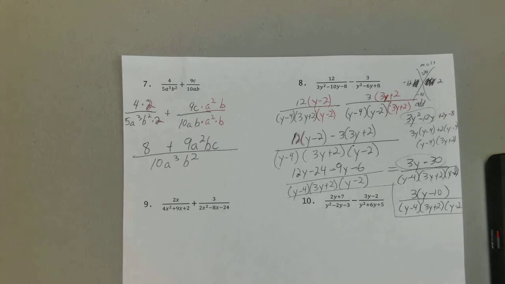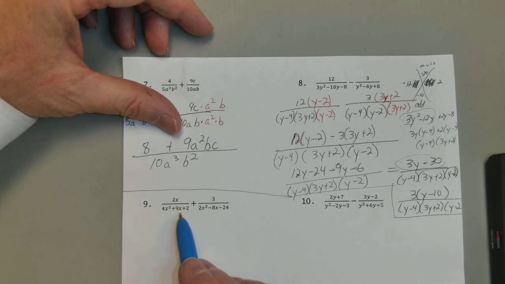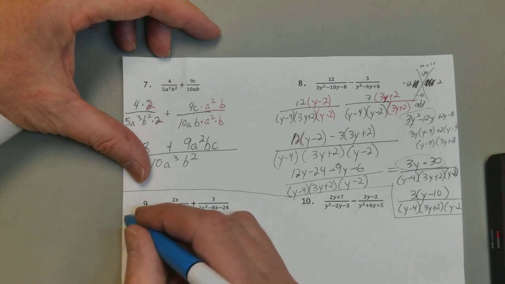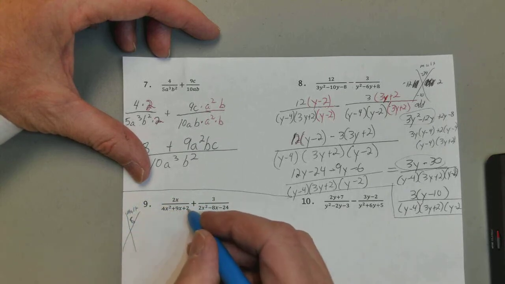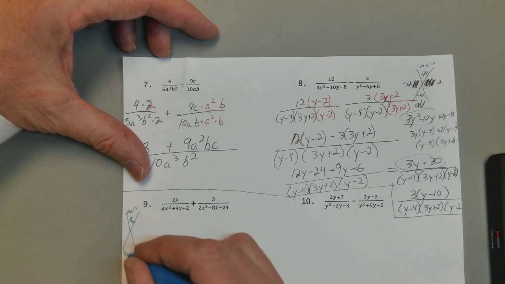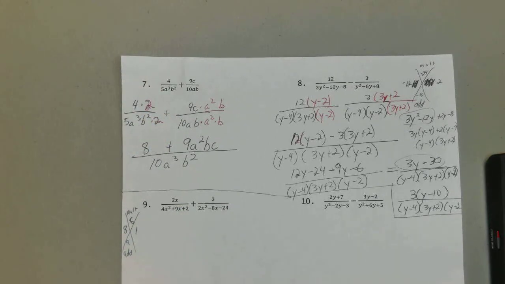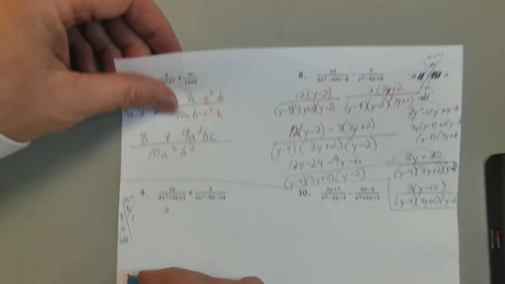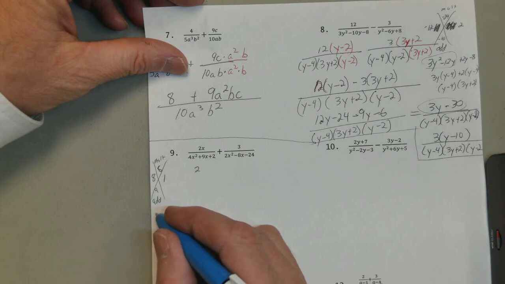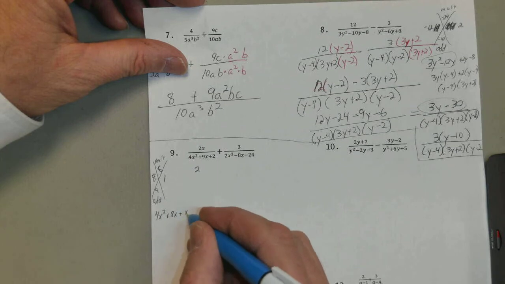Number 9. Okay. Factoring is involved here. Well, multiplies to 8. That's the 4 times 2. I'm looking at this denominator, if you didn't guess that already. And adds to 9. That's 8 and 1. So I got 2, well, I'm going to factor this first. 4x squared plus 8x plus 1x, I'll put the 1 out there, what the heck, plus 2.